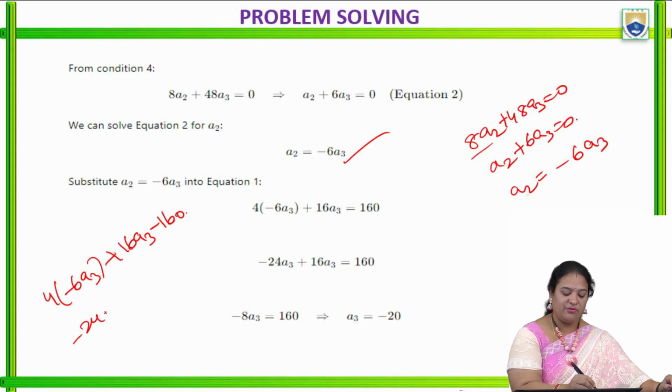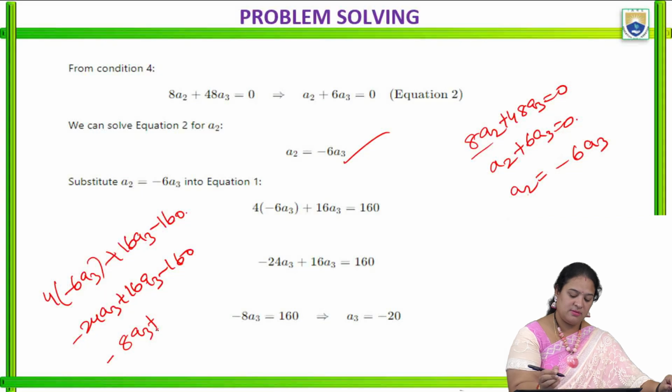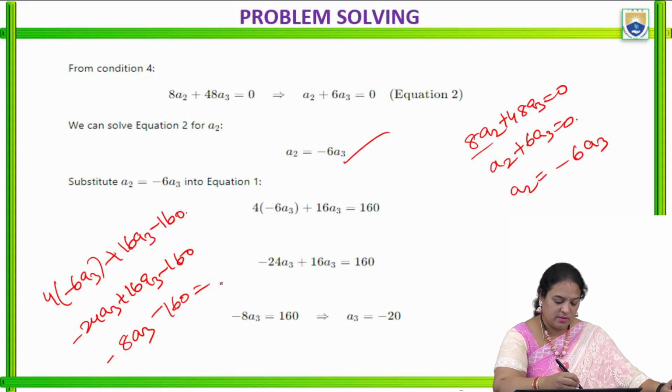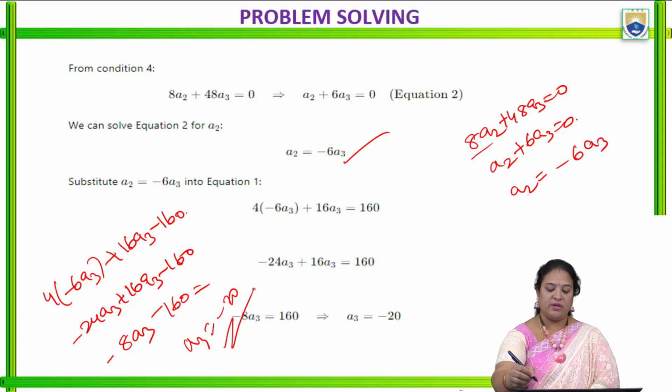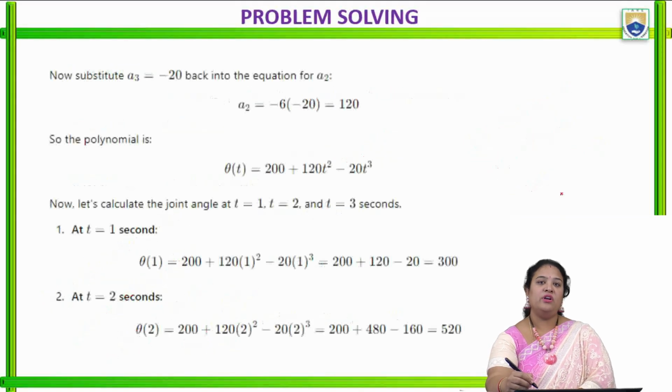That is minus 24a3 plus 16a3 minus 160, or taking common, 8a3 minus 160 is equal to 0, where a3 is equal to minus 20. So a0 we have got, a1 we have got, and a3 we have got.